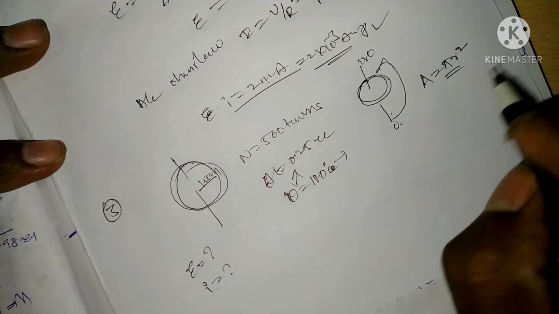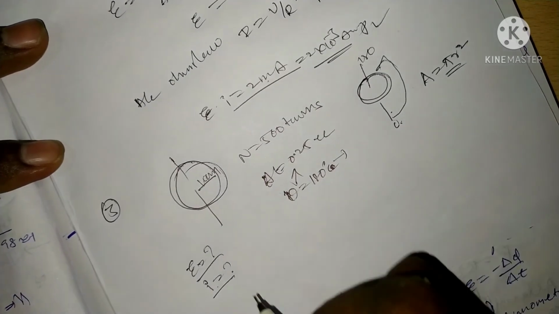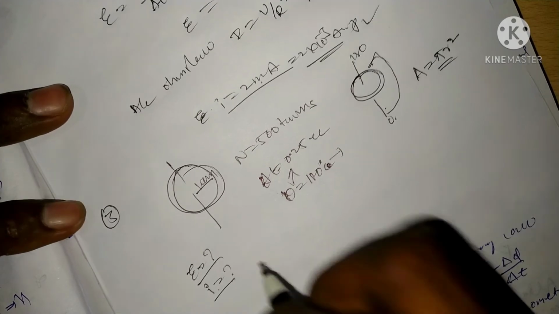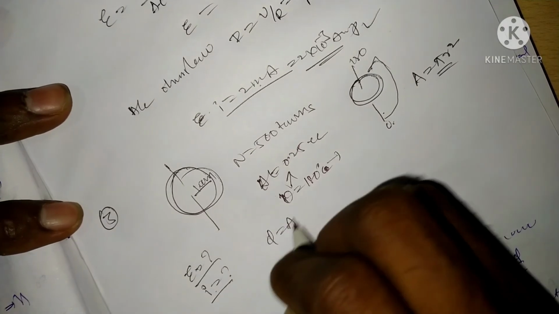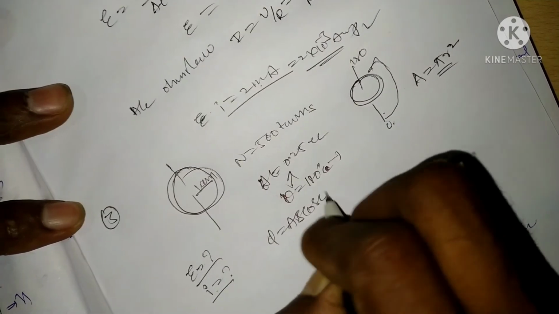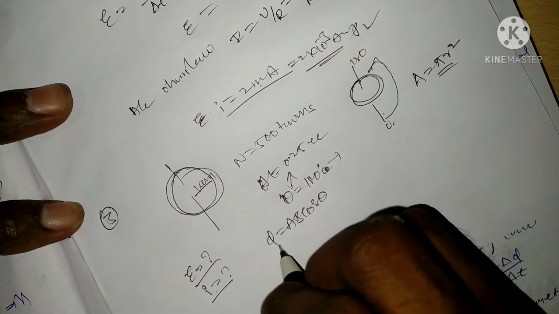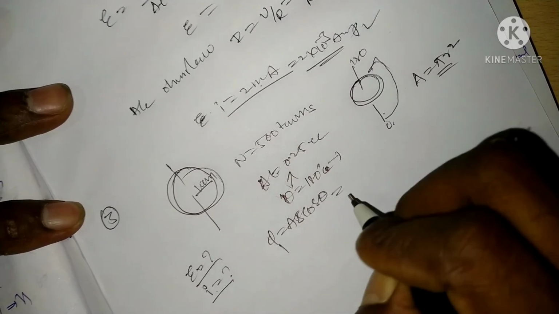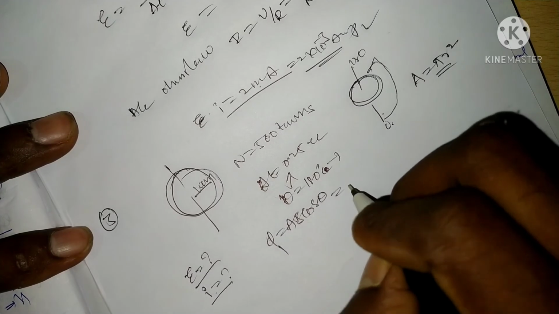Okay, we find the induced EMF. What is the current? Initially, what is the flux? Φ1 is equal to AB cos θ.